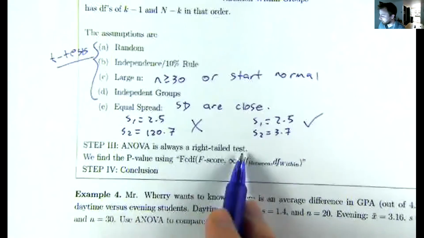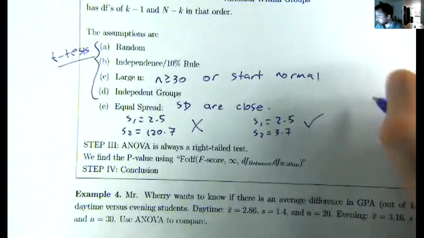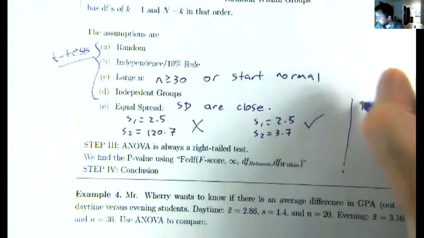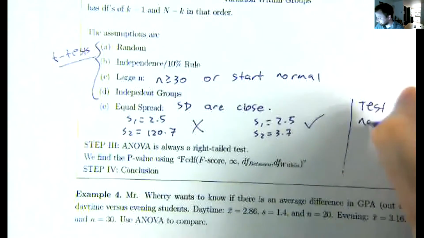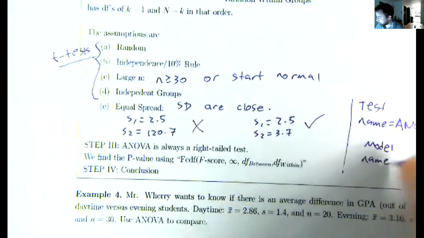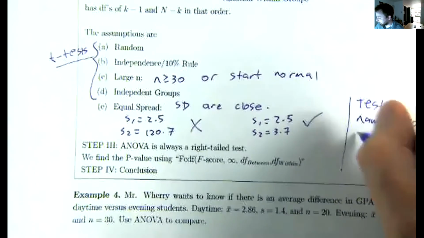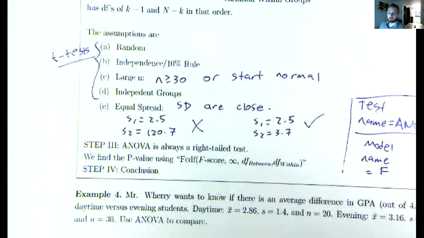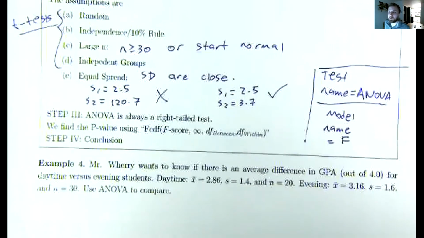ANOVA is always a right-tailed test. This is just a quick note on the side. The test name is ANOVA. The model name is F. So if I ask you what model you are using for this distribution, you're using the F model.